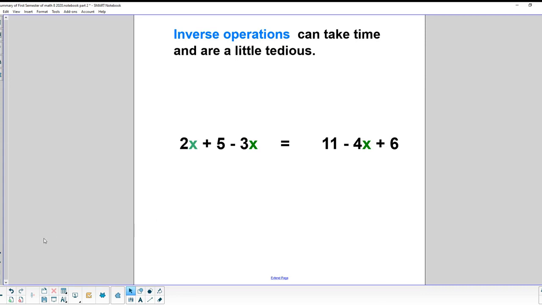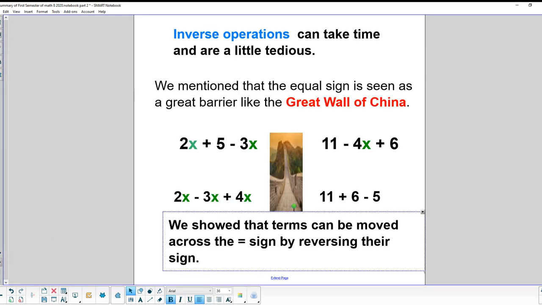So we tried to simplify that a little bit by showing you that sometimes we think of the equal sign as this great barrier. We called it the Great Wall of China just for fun, but it's really not a mystery. In fact, we showed that an entire term like 4x or 2x can be moved from one side of the Great Wall, or the equal sign, to the other by simply reversing its sign.